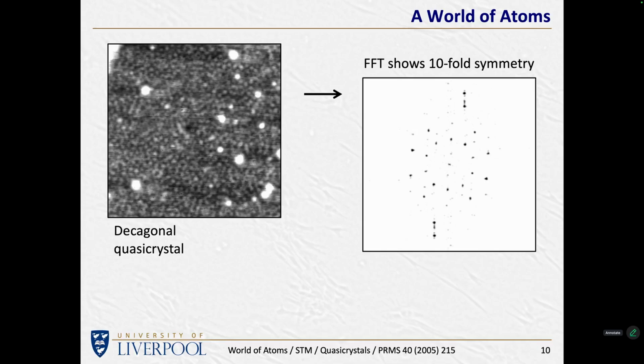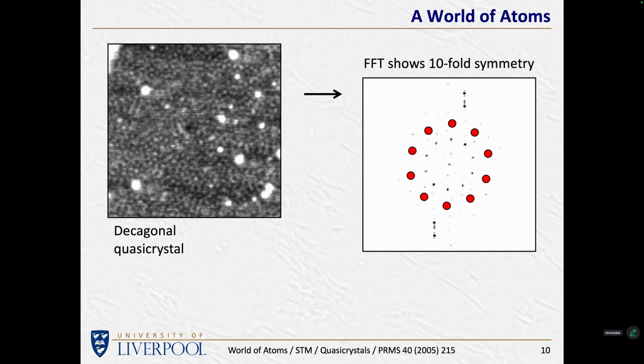And it may not be immediately obvious, but the pattern of dots on the right-hand side actually follow a 10-fold symmetry. In other words, the pattern of dots looks pretty much the same if you were to rotate them by 1/10 of a revolution or 2/10 of a revolution.